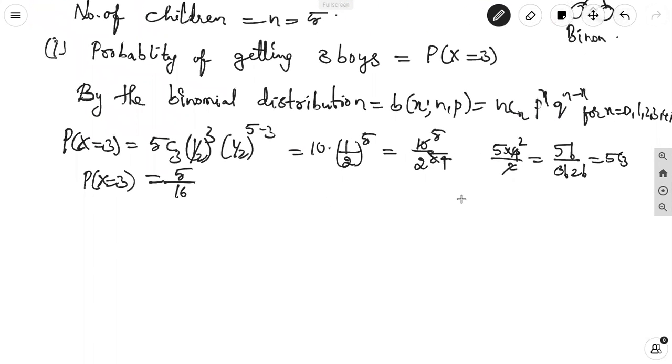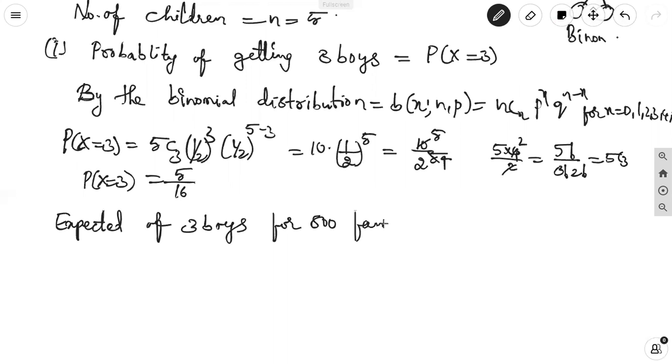But we can discuss for 800 families. Expected number of 3 boys for 800 families is equal to 5 by 16 into 800. 16 ones are 16, 16 fives are 80, 5 fives are 25, so 250.